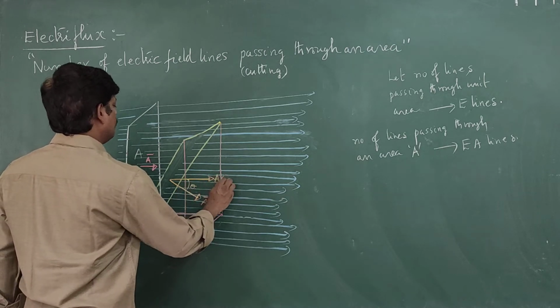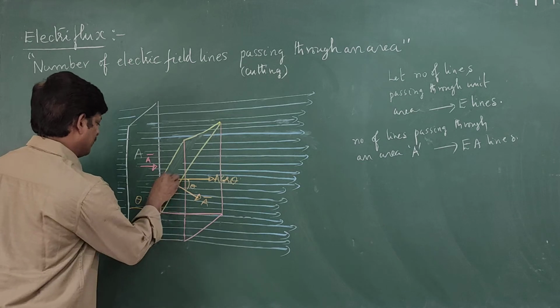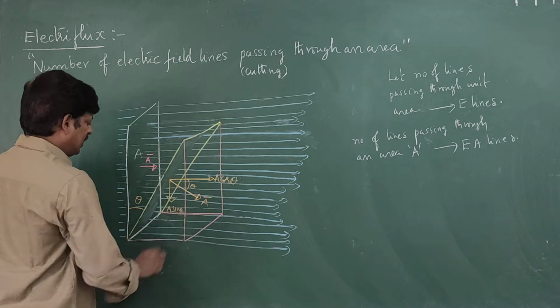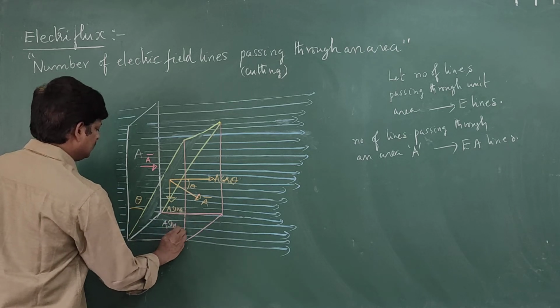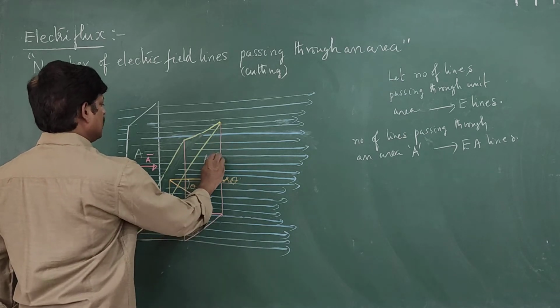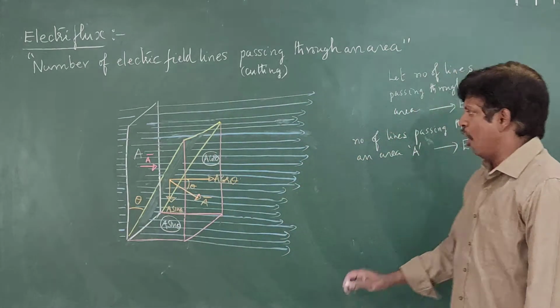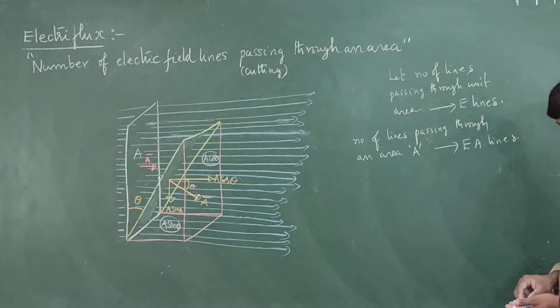So this side component becomes A cos theta and this side component becomes A sin theta. That means the area of this part is A sin theta and the area of this part is A cos theta. In A units of area, EA lines are going.